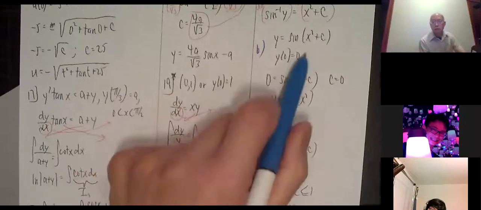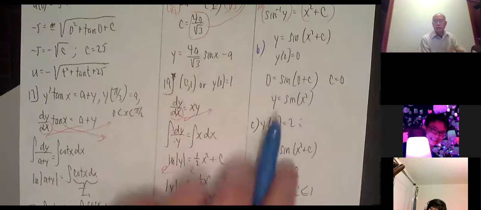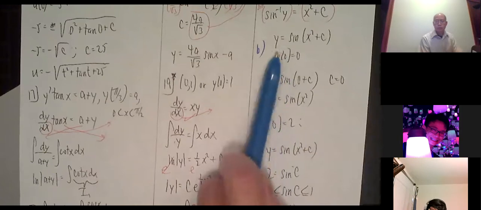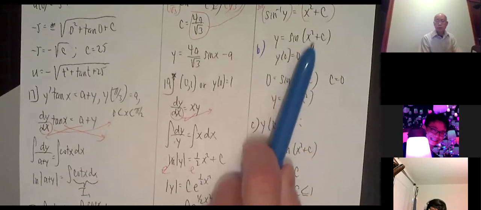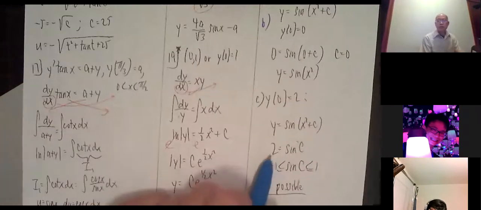So 0 goes in for x, 2 for y. If you forget which is which, just cover that up. It says y equals 2, so 2 goes there, that must be for x. So 0 plus c is c. It would say sine of c equals 2.